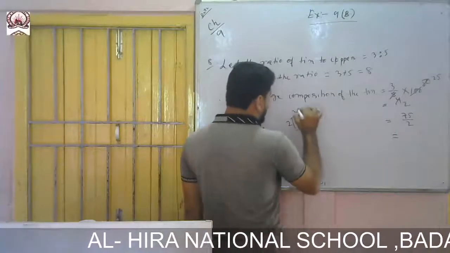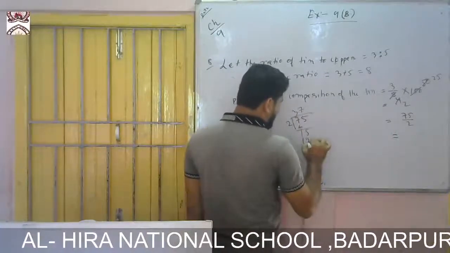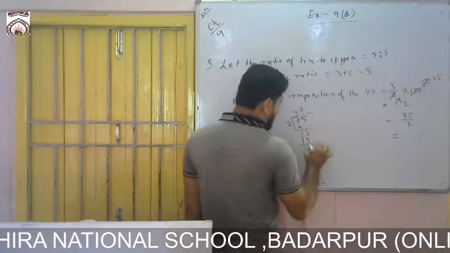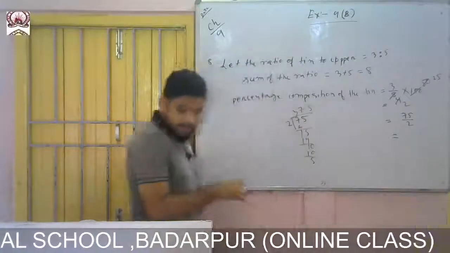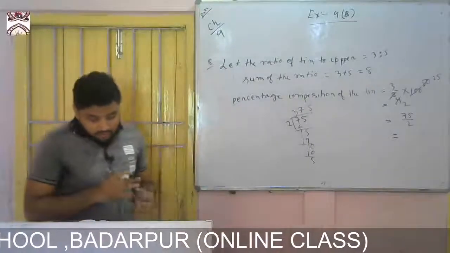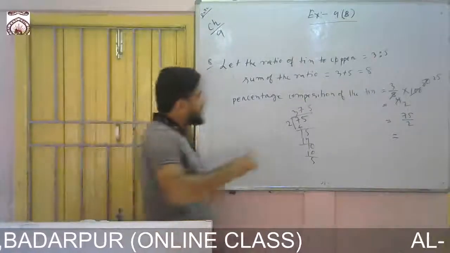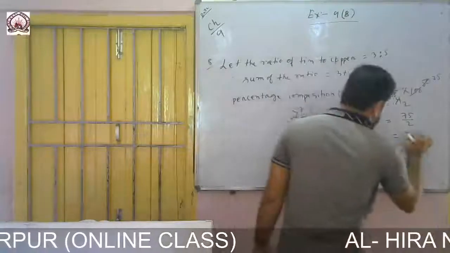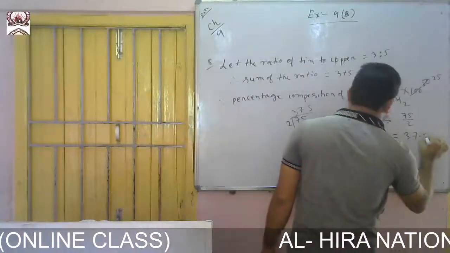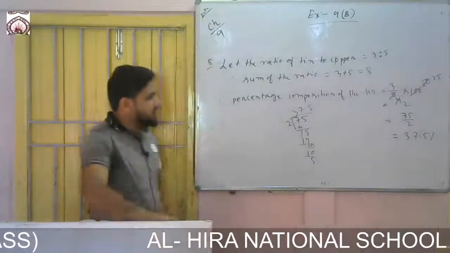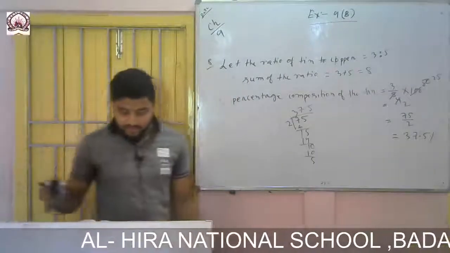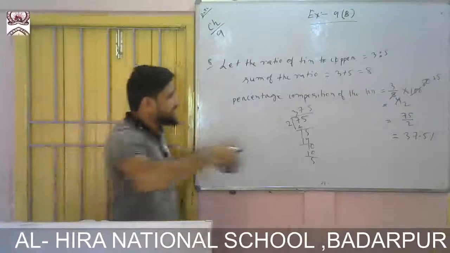So 15. 2 7s are 14, remain 1. Point, give 0. 2 5s are 10. So 37.5, which is 37.5%.